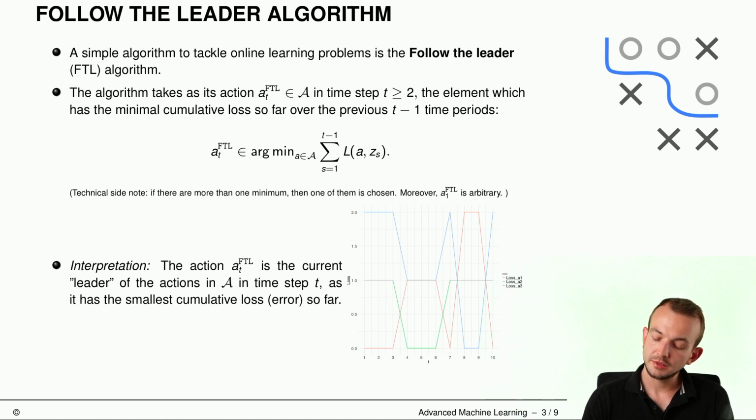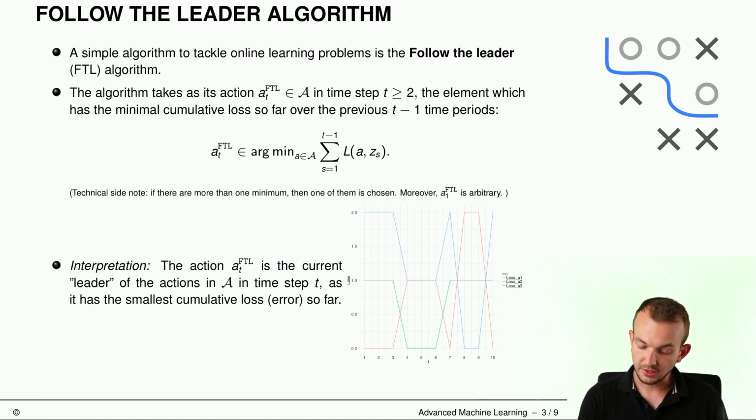So where does the name stem from of this follow the leader algorithm? So we can interpret this here as choosing the one which is leading in terms of the smallest cumulative loss, yeah, or error. So let's have a look at this picture here where we have 3 actions. We keep track of the cumulative loss.